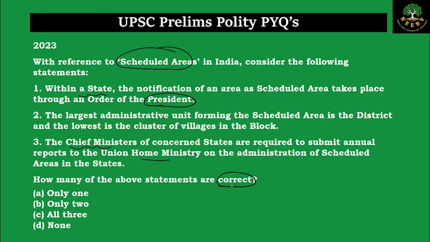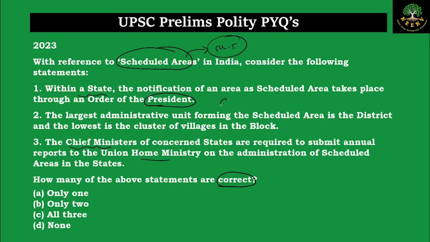So how would you solve this question in the exam? This question is talking about scheduled areas. Here you should recall that scheduled areas are discussed in the schedule number 5 of the Constitution. So if you recall there, it is actually the president who, through a notification, will declare a particular area as scheduled area. So read statement number 1 again. Within the state, the notification of an area as scheduled area takes place through the order of the president.